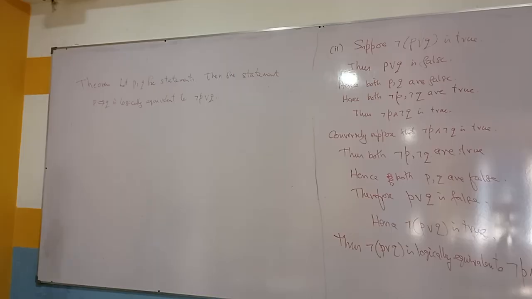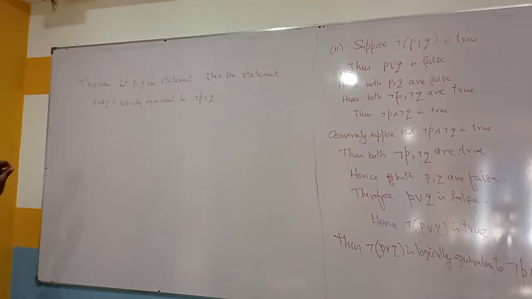Here, what it says is that if P is true, then Q is true. Over there, what it says is not P or Q is true. However, by definition, if P implies Q, if P is true, Q is true. If P is true and Q is false, the statement is false.